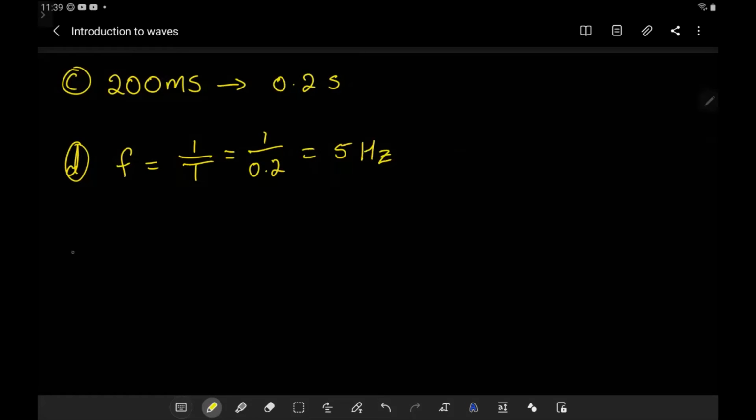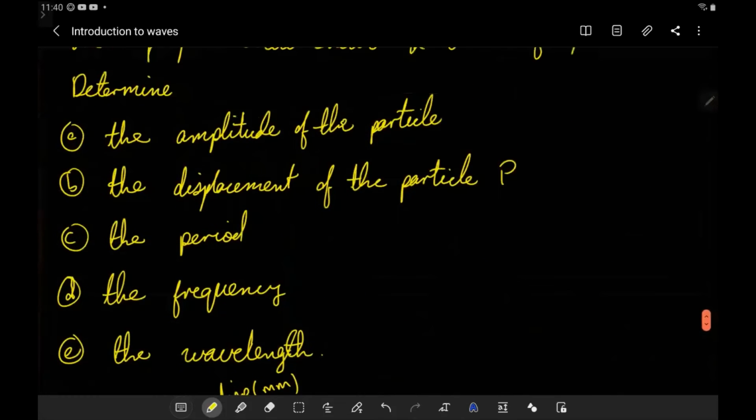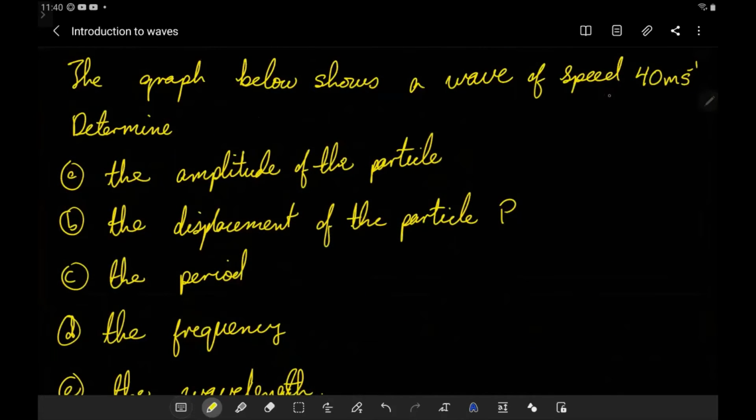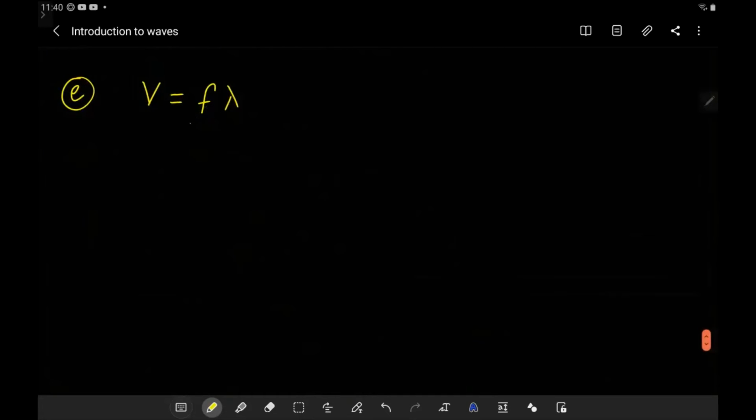And finally, part E, the wavelength. Now, if you read the question carefully, they tell us that the graph below shows a wave of speed 40 meters per second. So since we know the velocity, we have v is equal to f lambda. We could solve for lambda by dividing both sides by f.